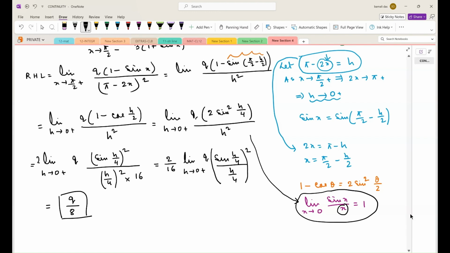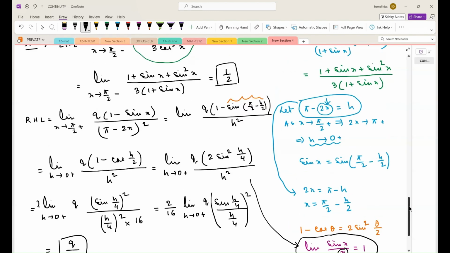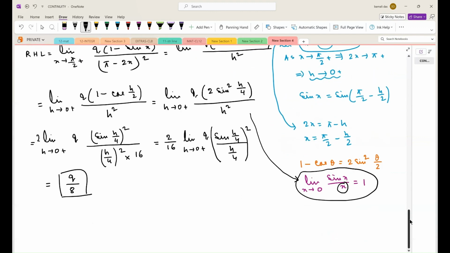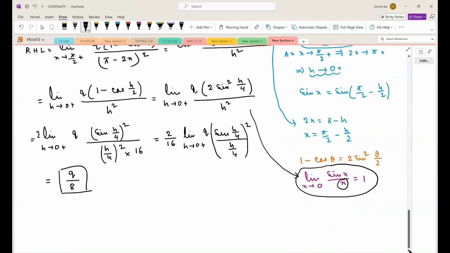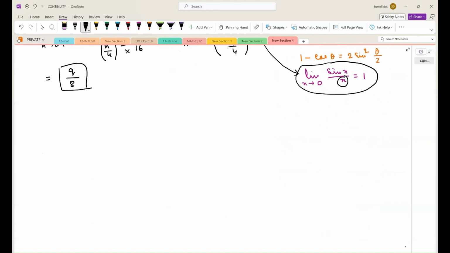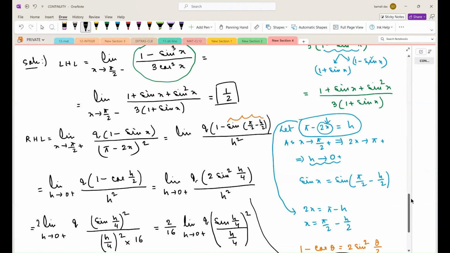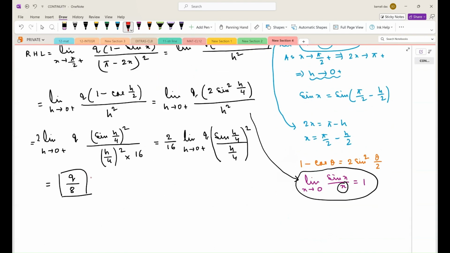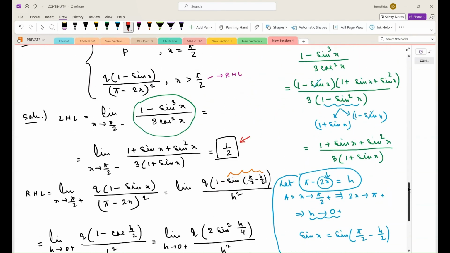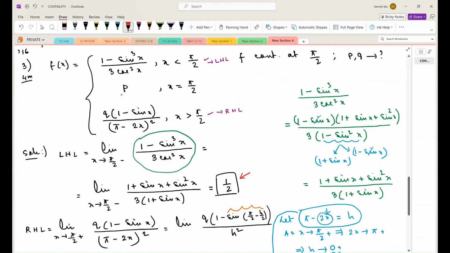So we have calculated the right hand limit. Left hand limit, I think we have already calculated. Yes, left hand limit is half and right hand limit is q by 8. Also, it is given that the value of the function at pi by 2 is p.